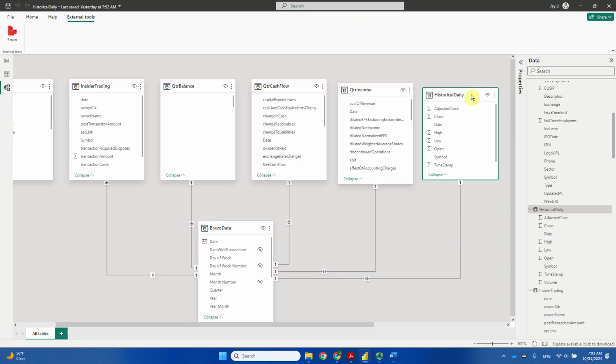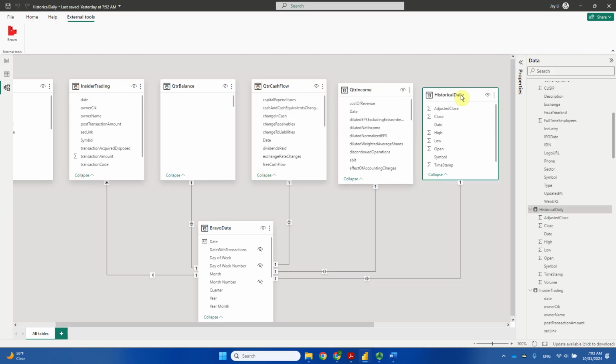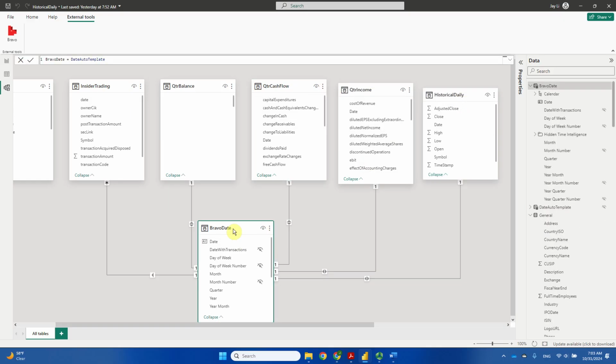So those are information beyond that key variable, date. These data sets are called fact tables, and the date table is called the dimension table.